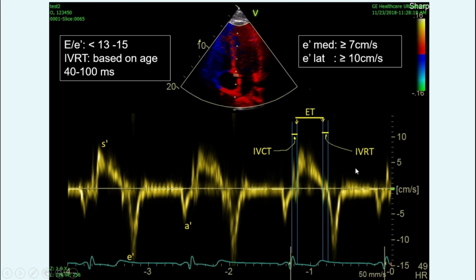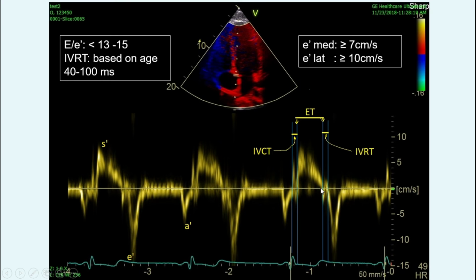Another time that we measure in tissue Doppler of the mitral valve annulus is IVRT, or isovolumetric relaxation time. It corresponds to the end of systole. At the end of systole, or S prime, again we will see a spike that represents closing of the aortic valve and then opening of the mitral valve.